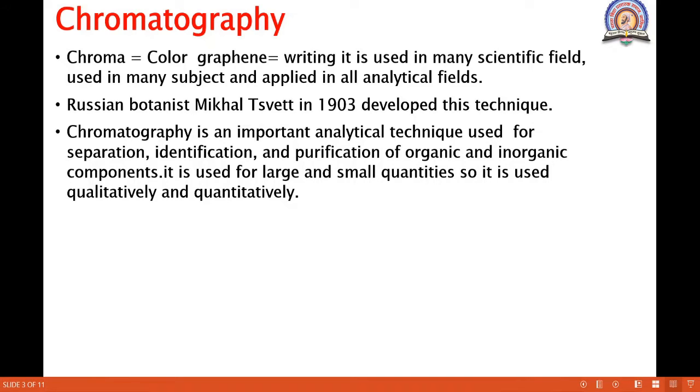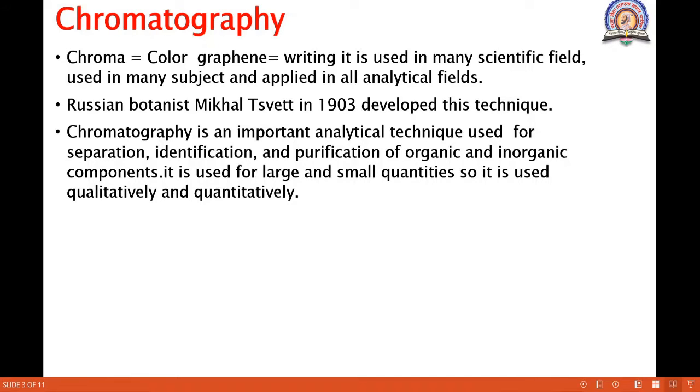Suppose we have a mixture. In that mixture, different components are present. A, B, C components are present in the mixture. Then we have to separate these A, B, C components. That's why here we say separation. After separation, we can identify those components. Which are they? Hence the identification.